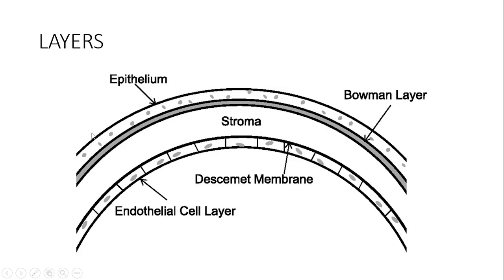These include the epithelium, as you can see here, that's the most external layer, followed by Bowman's layer, or Bowman's membrane. Followed by the stroma. As you can see, this is the stroma of the cornea. From the stroma, the next in line is Descemet's membrane.